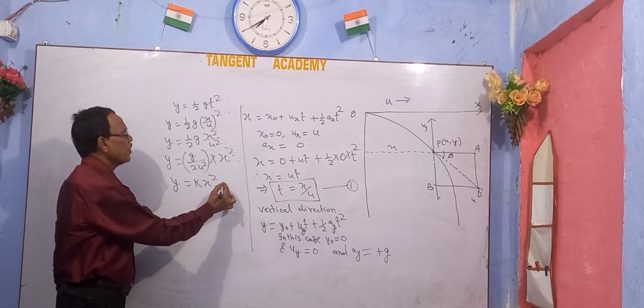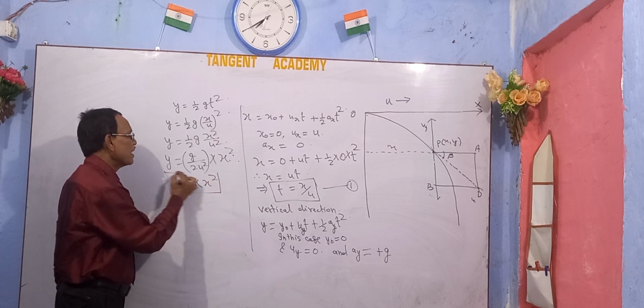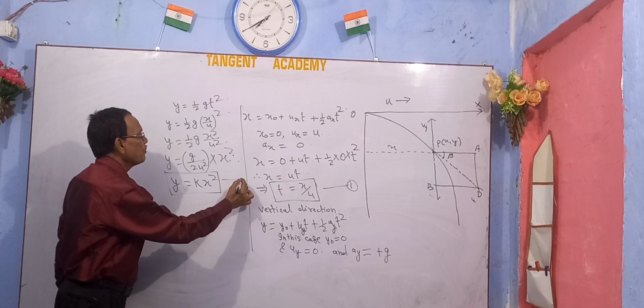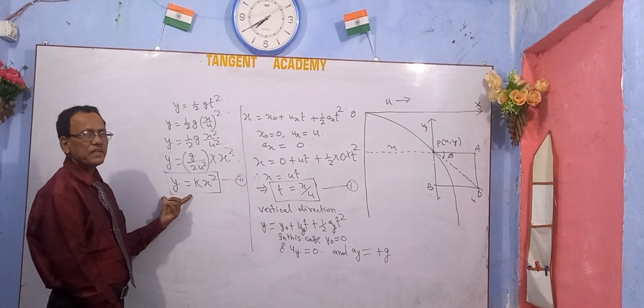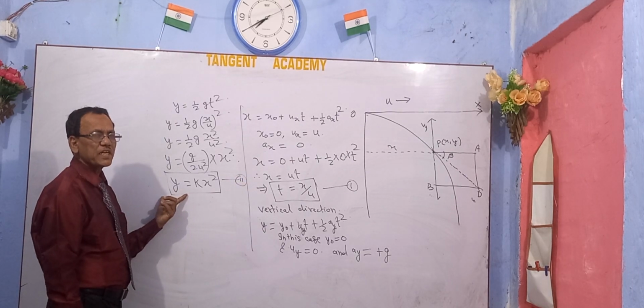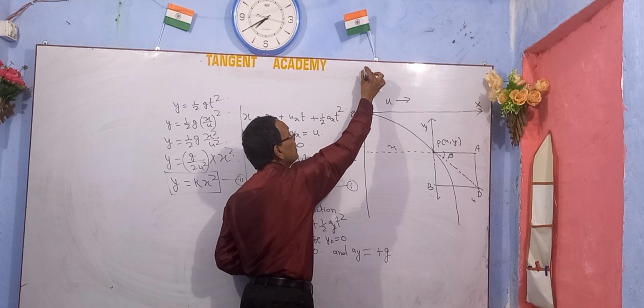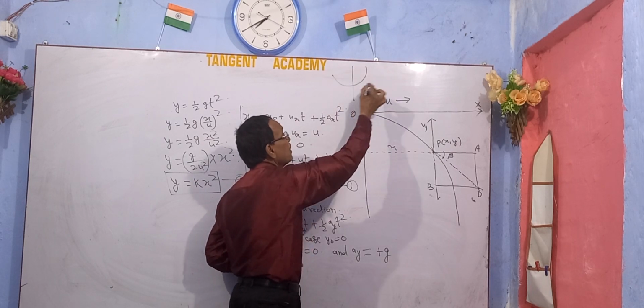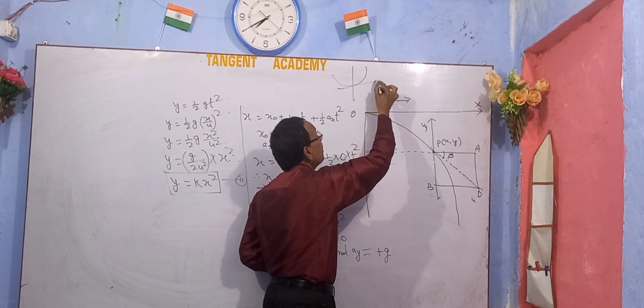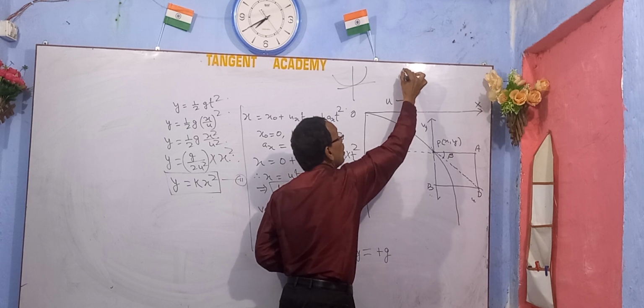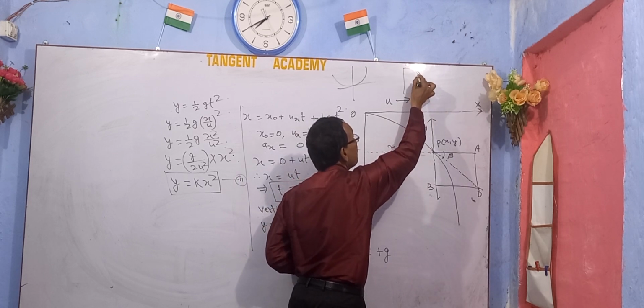This is in the form of kx square, and we know that from mathematics any equation whose form is y is equal to ax square is the form of parabola. Parabola means this type of graph. This type of graph is parabola. So always a projectile has parabolic motion.